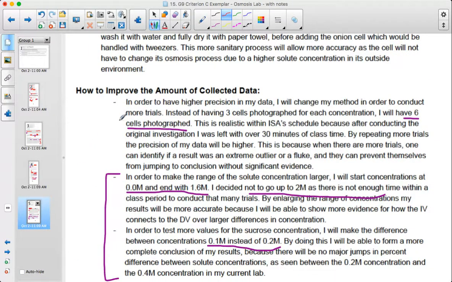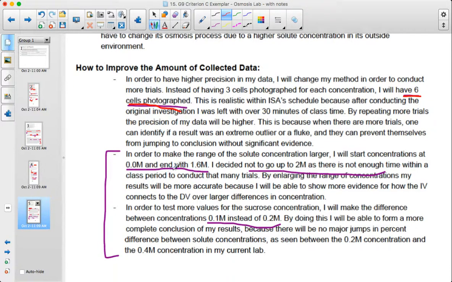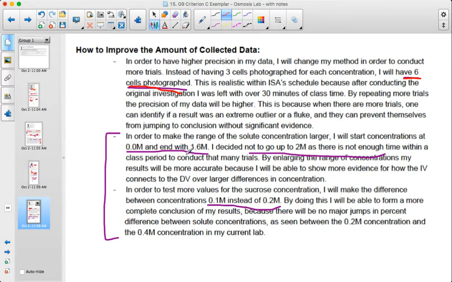And then they have a section on how to improve the amount of collected data. Instead of 3 cells, the student said they will take pictures of 6 cells. And then they said instead of going from 0 to 1 molar concentration, they're going to go from 0 to 1.6, and they're going to test every concentration every 0.1 molarity.